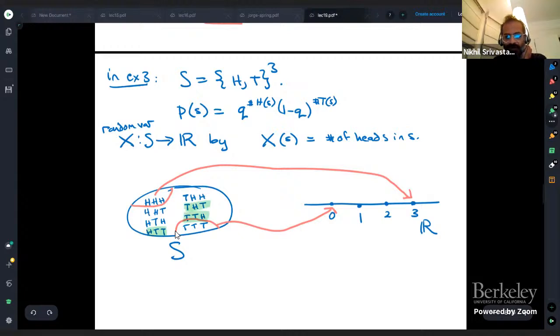These green ones are going to get mapped to here. And the ones with 2 heads, which are the remaining ones, the yellow ones, are going to get mapped to 2. So that's the function.